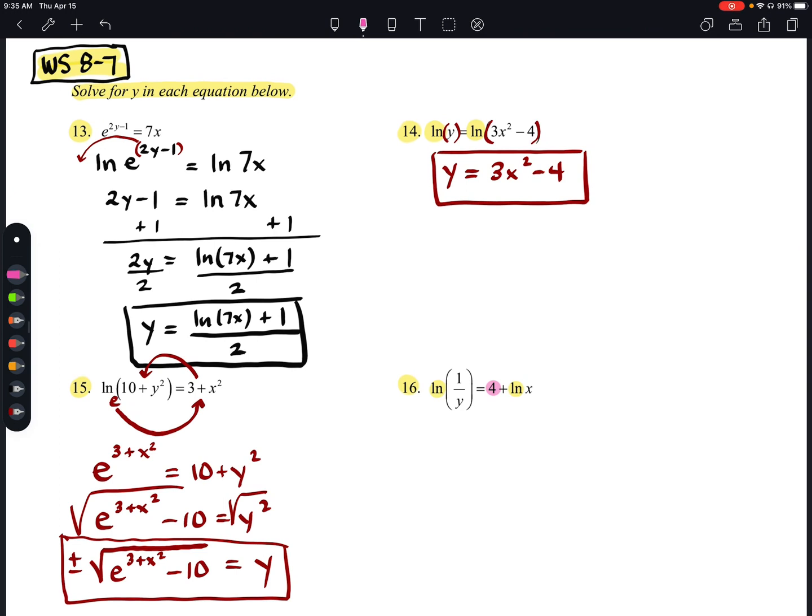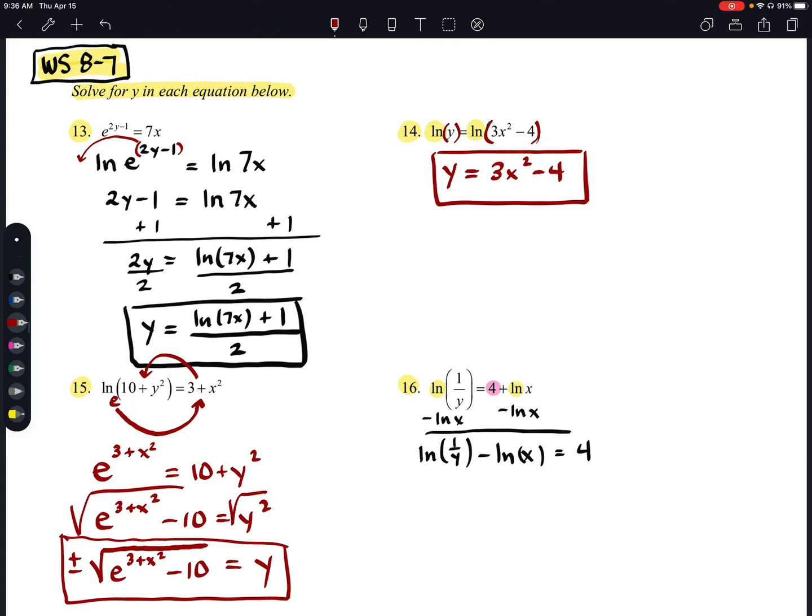So I can't just drop the logs like we did in number 14. I'm going to move my natural log of x over to the other side. So what I'm looking at right now is the natural log of 1 divided by y minus the natural log of x should equal 4.